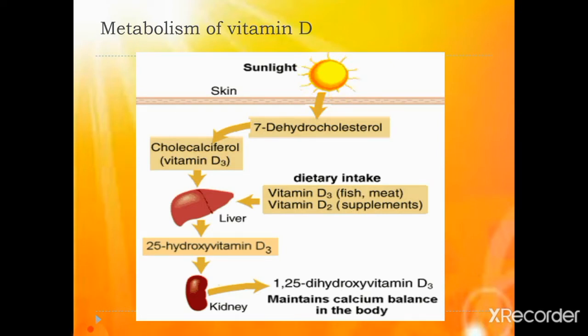When exposed to sunlight, it is converted into cholecalciferol, vitamin D3, which is activated in the liver and kidney. OH groups are added in the liver and kidney on the first and 25th positions to form 1,25 dihydroxy vitamin D3, and this helps in maintenance of calcium in our blood.